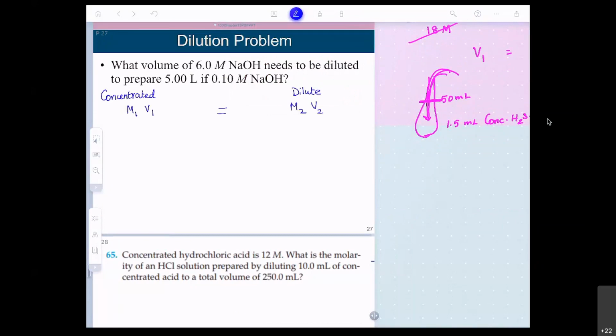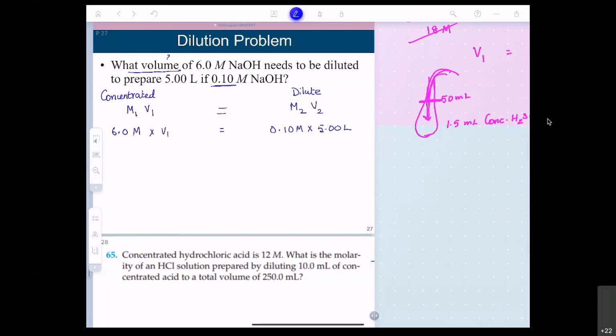My concentrated molarity is 6.0 M. You're asked what V1 is. How much of this should I take to make 5 liters? But it's a lot less concentrated. This solution is only 0.10 M.